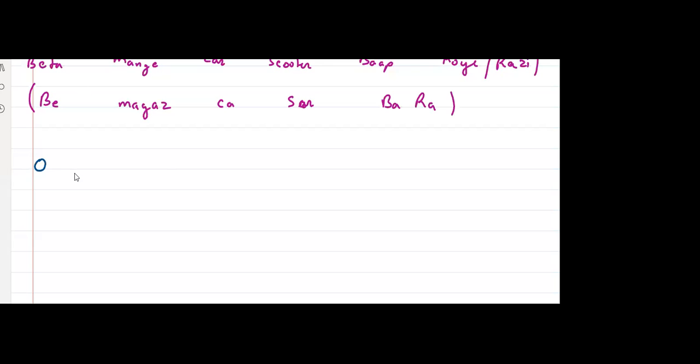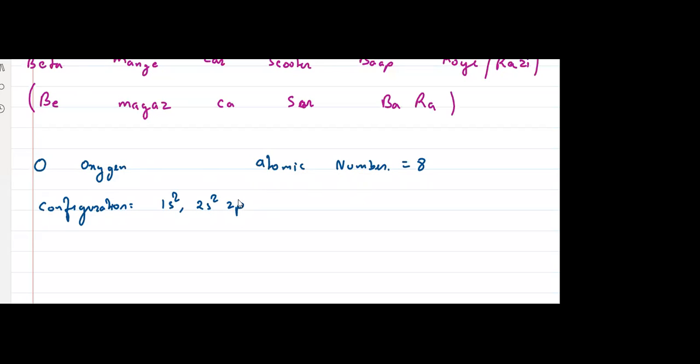So oxygen, atomic number. O for oxygen. Atomic number 8. So configuration: 1s2, 2s2, 2p4. That leaves 4 electrons in 2p.